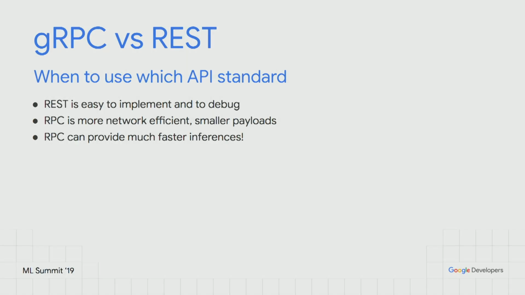Often the question I get is, what should I use? Should I use REST or RPC? My standard answer is, if you want to go quickly and get something off the ground, use REST. It's easy to debug. You can use curl, you can use a browser. You're good to go in a couple of minutes.